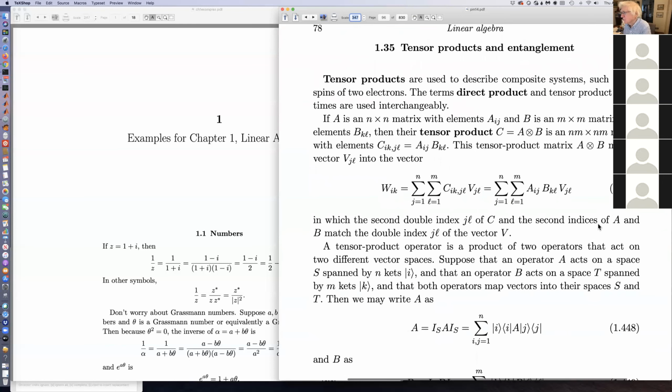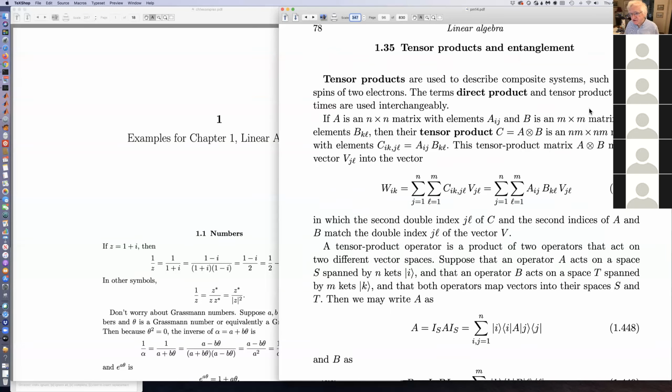Let me go on to tensor products. So tensor products describe composite systems, spins of two electrons, or once again, the energy levels and the angular momentum properties of just the non-relativistic hydrogen atom, or just in general, if you have a physical system and it's convenient to think of it as having two different parts, then A might be a physical operator for one part of the system and B a physical operator for another part of the system.